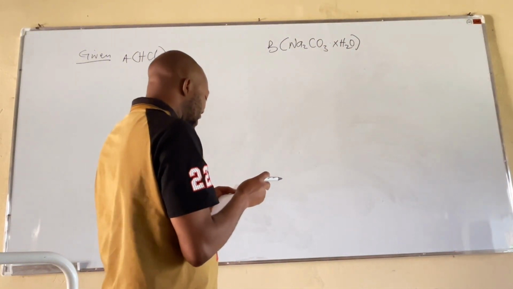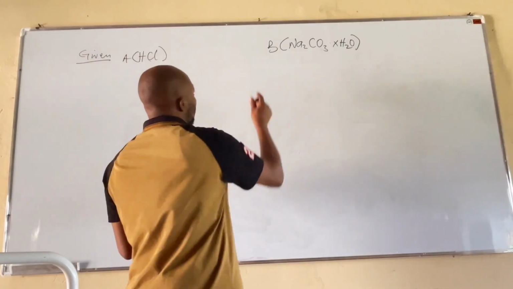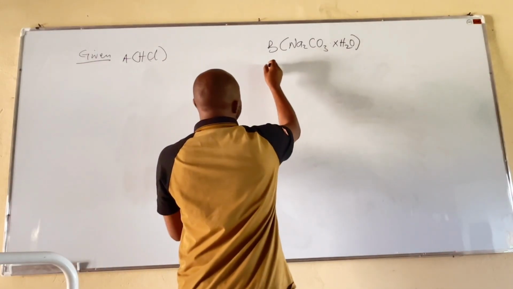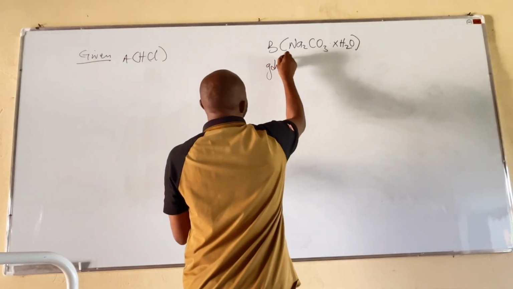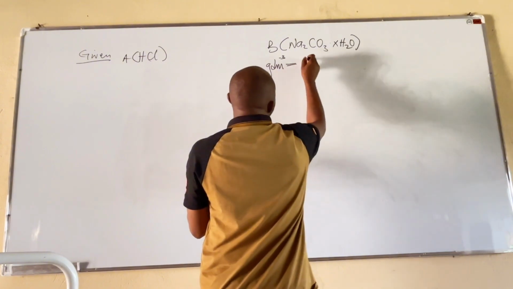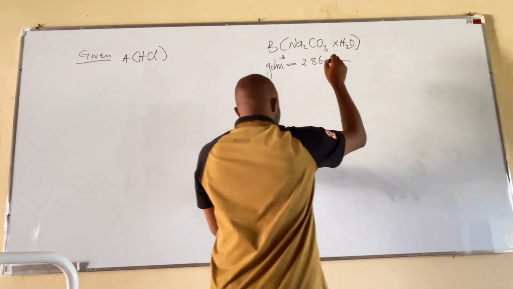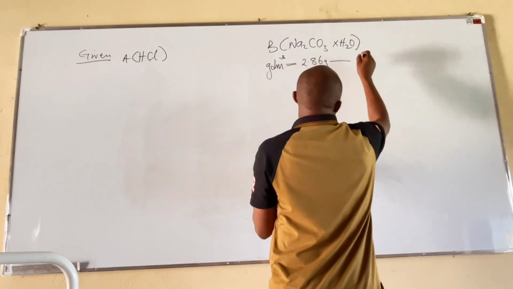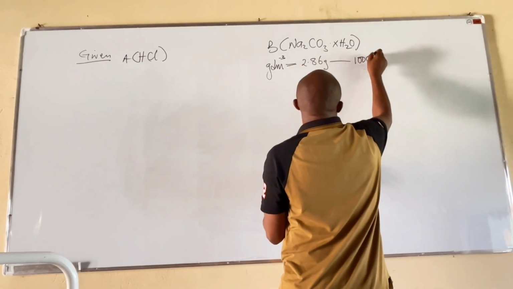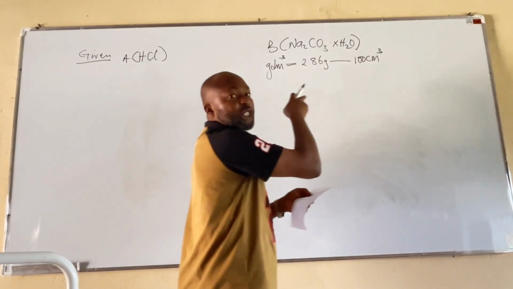We say 2.86 grams of the washing soda, so I have the given mass is 2.86 gram in 100 cm³. I'm going to explain that.